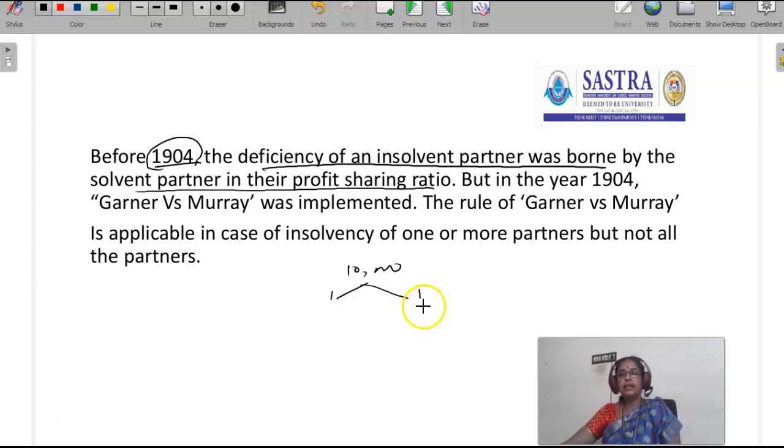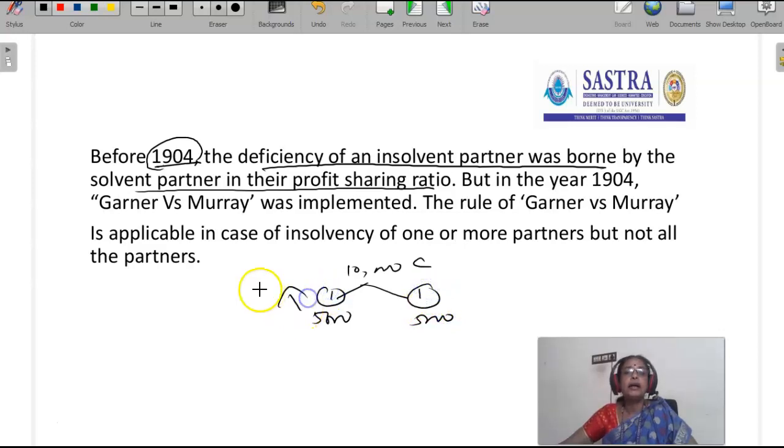If the profit sharing ratio is 1:1, they have to bear the deficiency of C, 5,000 and 5,000. This is the scenario before 1904.